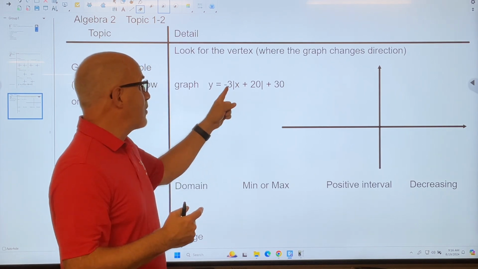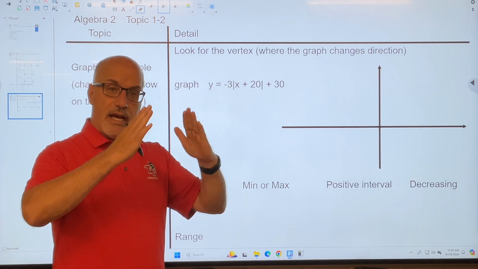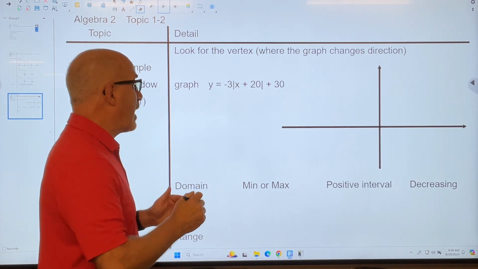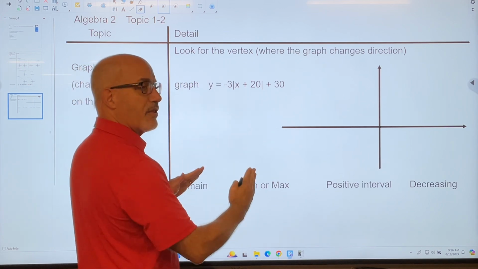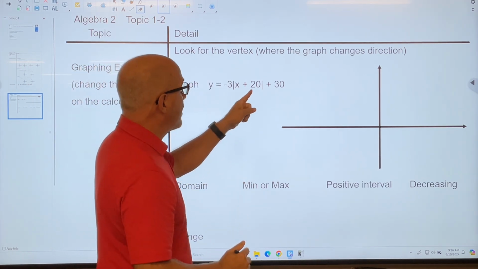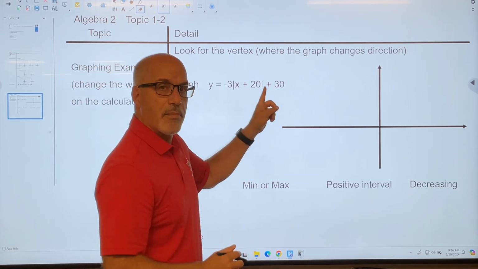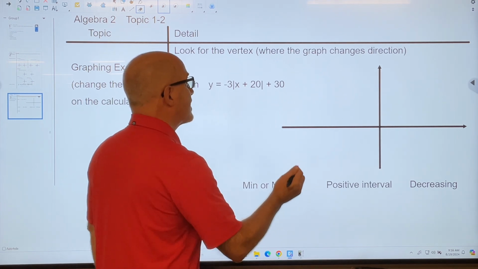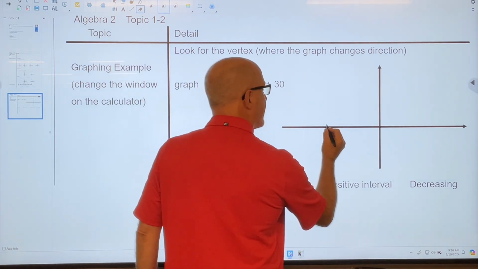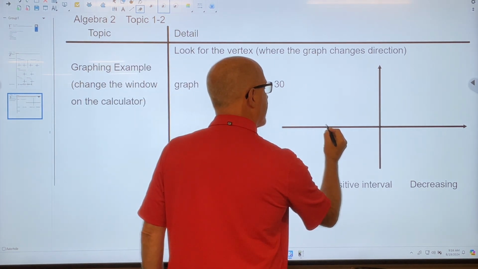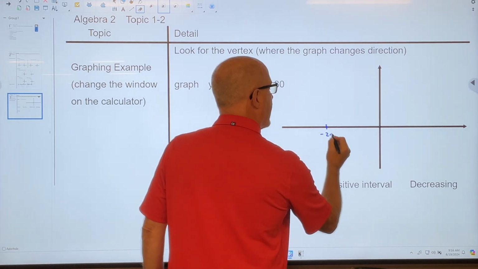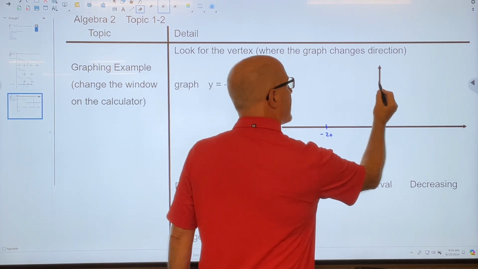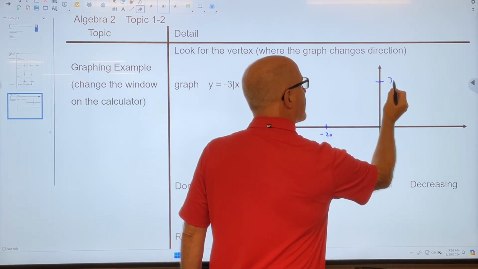The 3 in front makes it go steeper. So this graph is going to be steeper with the -3, but then also we look at these numbers here. The positive 20 is going to make it go over to a -20 here. And this positive 30 is going to make it start at this positive 30 up here.